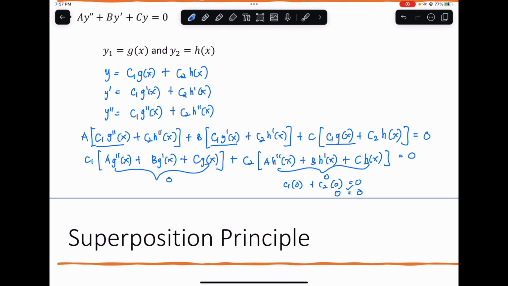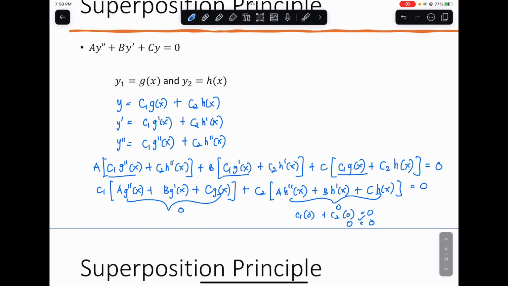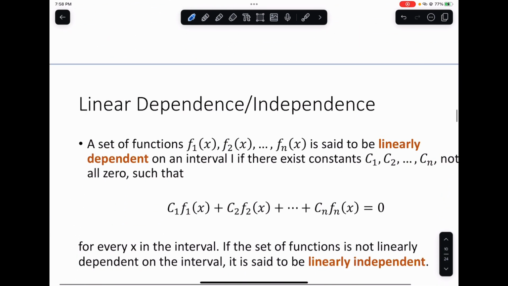But in expressing our final answer, we usually express them in a general form, using the linear combination of all the solutions, forming the general solution of the differential equation. Okay, so that is the superposition principle.